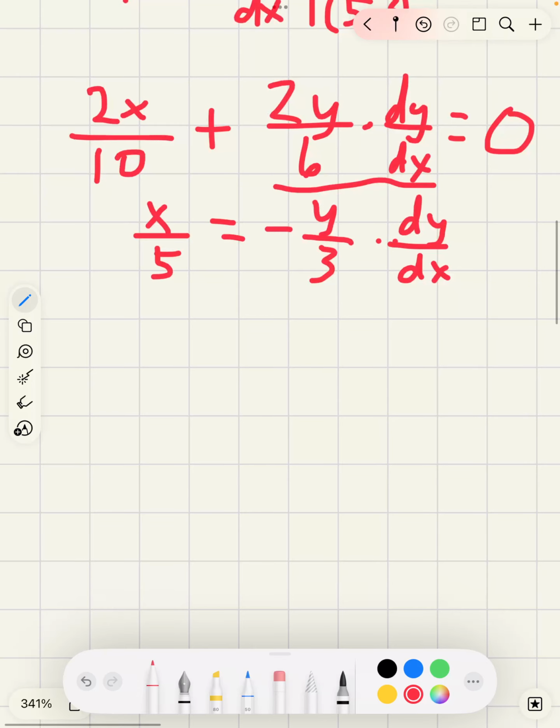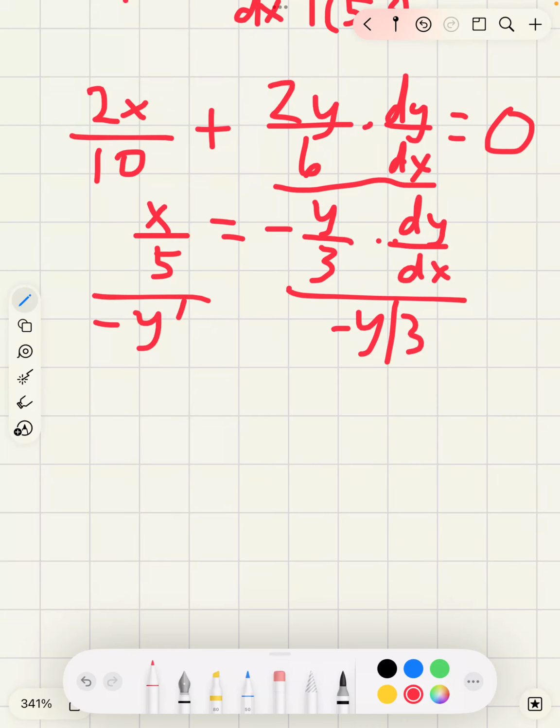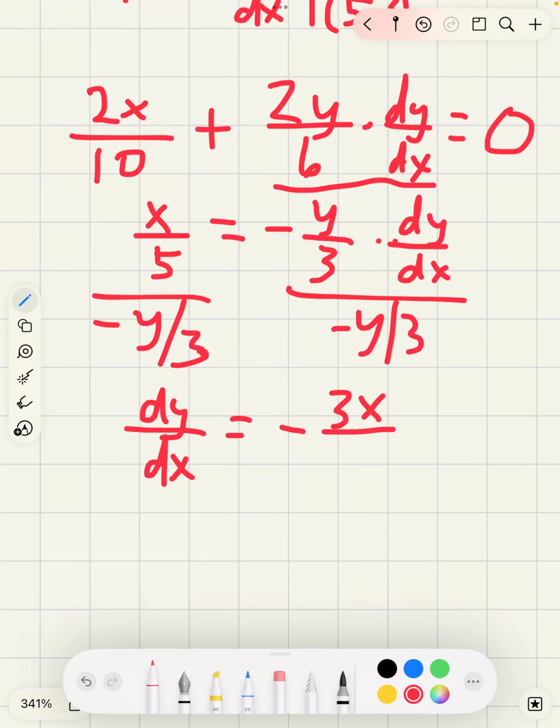But remember, when you divide by a fraction, that's the same thing as multiplying by the reciprocal of that fraction. So I'll get that dy dx is equal to x over 5 times negative 3 over y, or negative 3x over 5y. Okay, and that fraction can't be reduced, so that is dy dx.